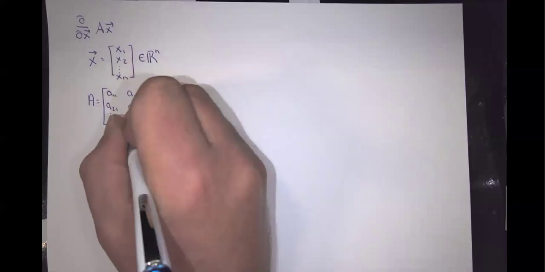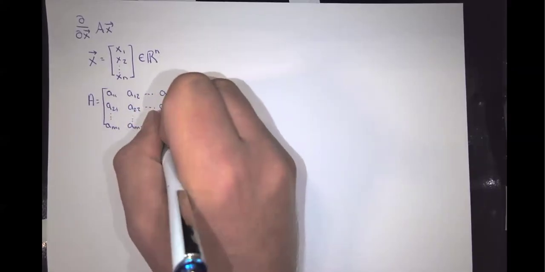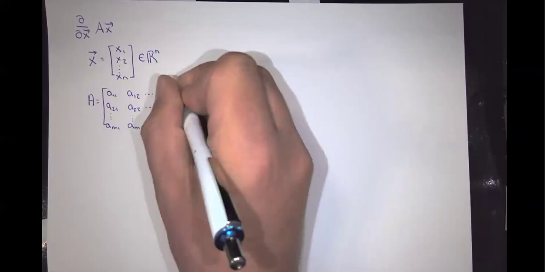So A is going to be A11, A21, AM1, A12, A22, AM2, A1n, A2n, AMN.